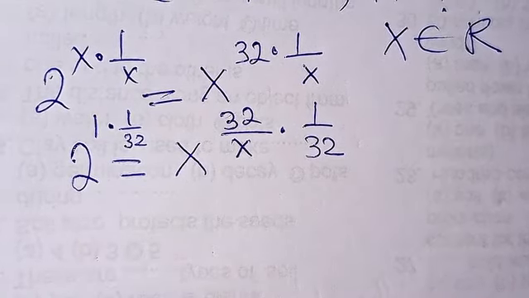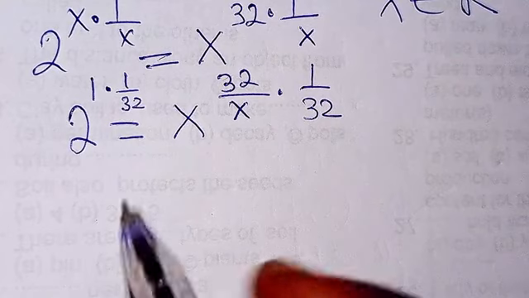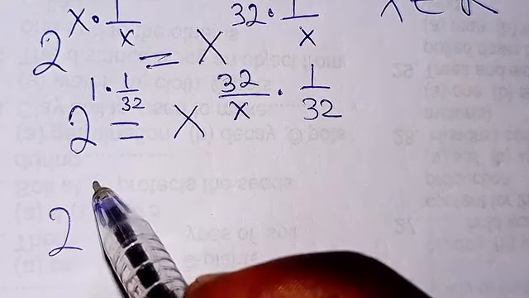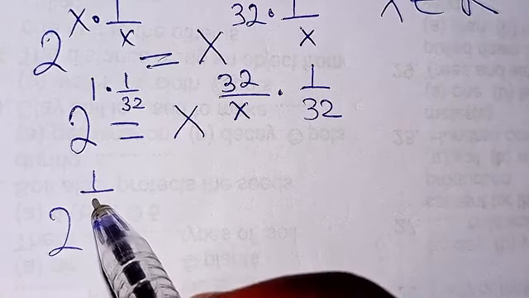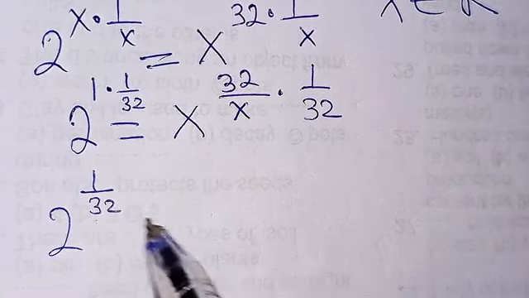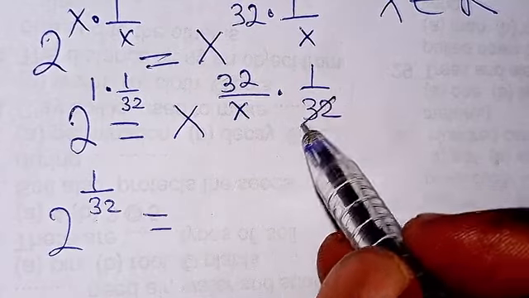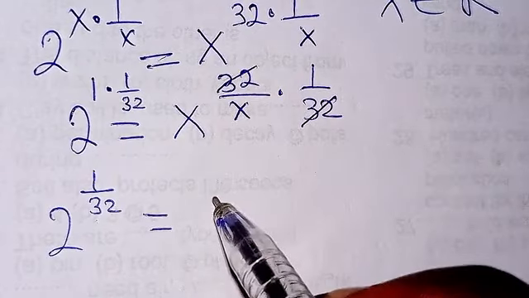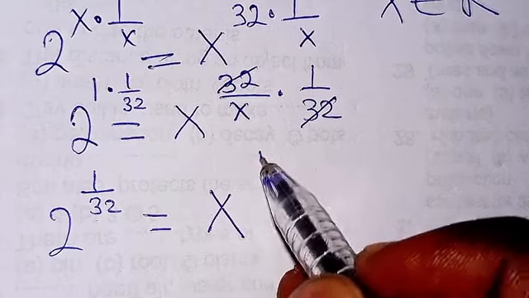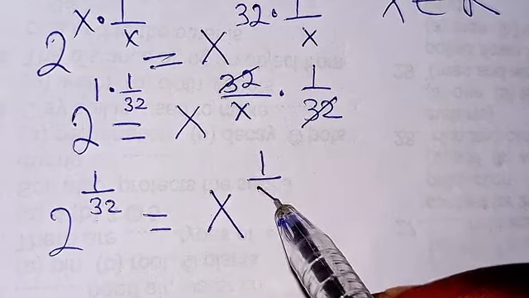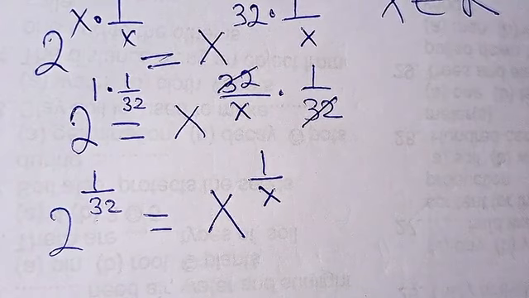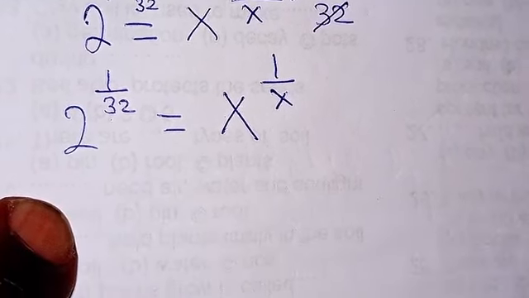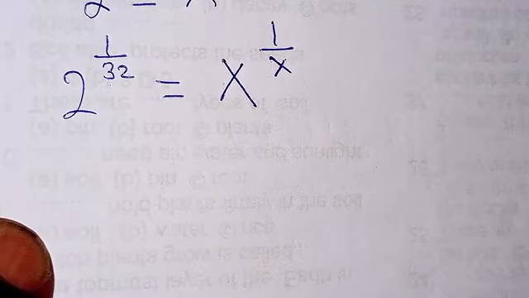Now from there, you can see that I'm going to have 2 to the power 1 over 32 equals this, we cancel this, and I'm going to have x raised to 1 over x. Are you following? Now let's move further and see what we are going to do.